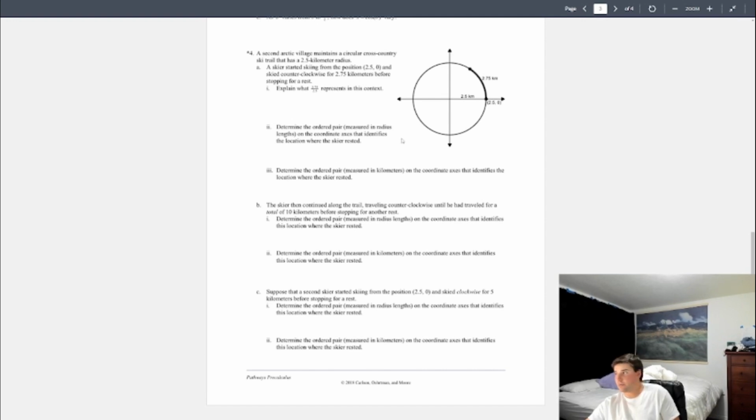So it says total. I'm assuming from here. So 15.70 minus 2.75. It's 12.95. So I assume that's the distance traveled from here.